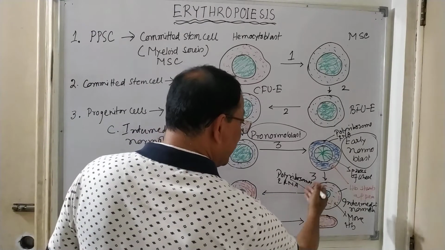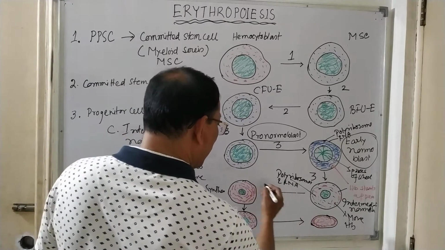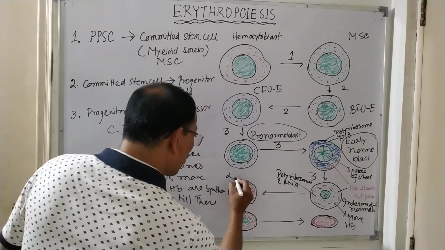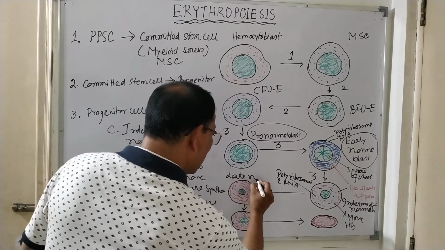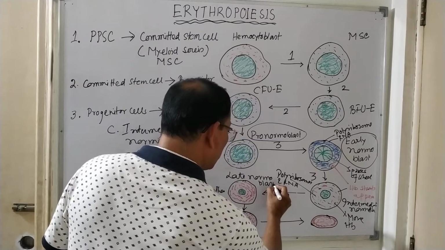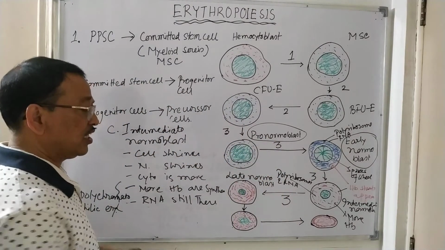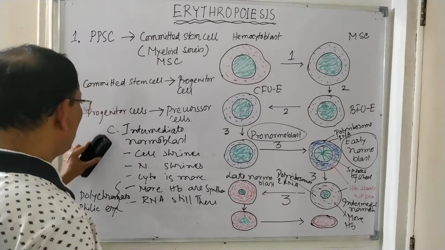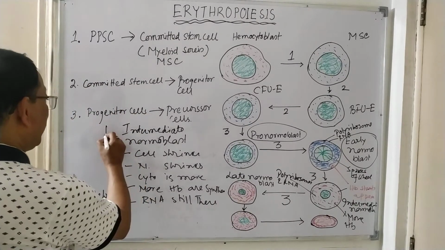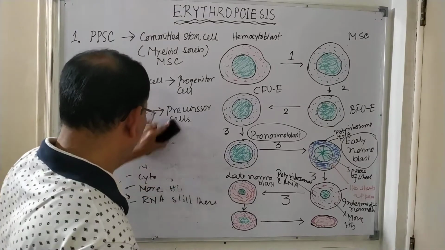Now what has happened? This intermediate normoblast is further differentiated to form the late normoblast. This is also stage 3. So now from the intermediate normoblast, late normoblasts are formed.